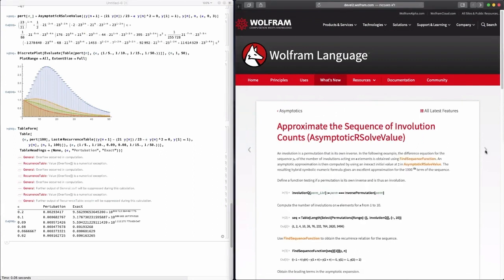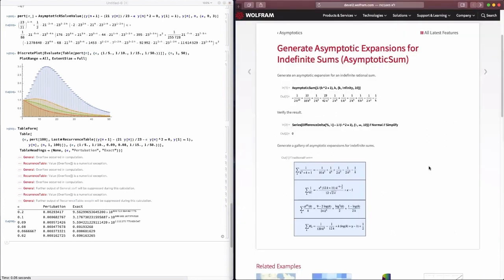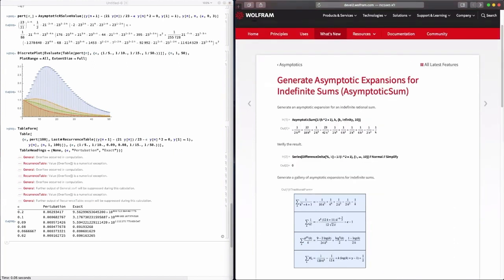And I see I'm running a little short on time. Devendra gave you this example. I will skip this example in the interest of time, but it's just showing an asymptotic sum.